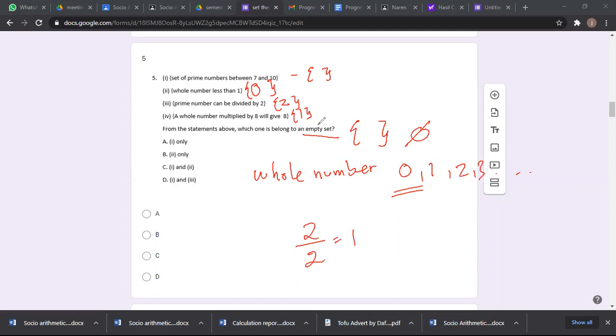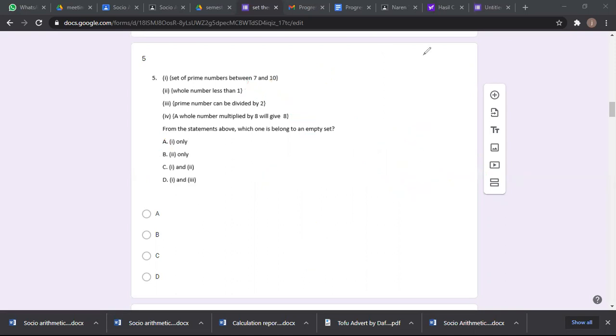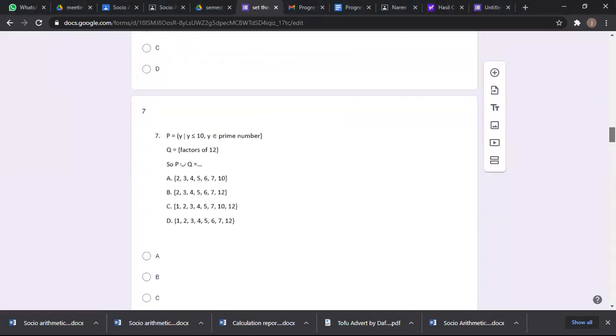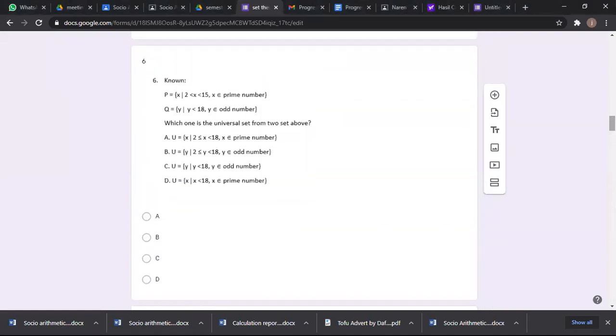So the empty set is only statement 1. Okay, we move to number 6. Here we have two sets described by the notation.